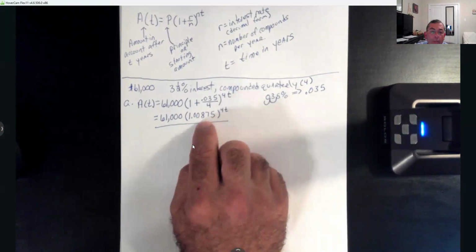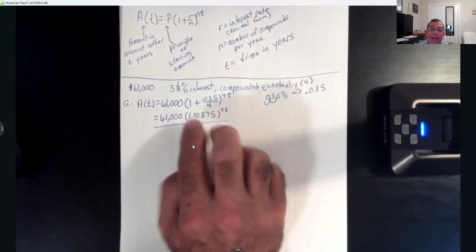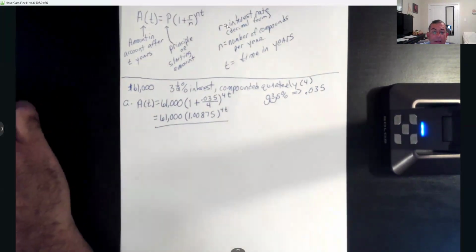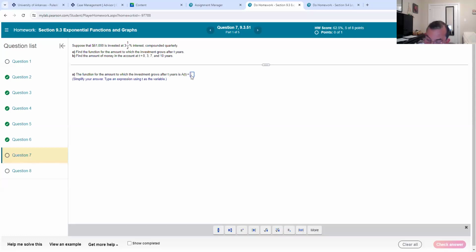Now, this is now the formula that if I know how many years pass, I can see how much money I have in my account. All right, y'all, so we're gonna go put that in. So it was 61,000, and then parentheses 1.00875, close parentheses, and then our exponent, come down here and hit the exponent, and that would be a 4t.